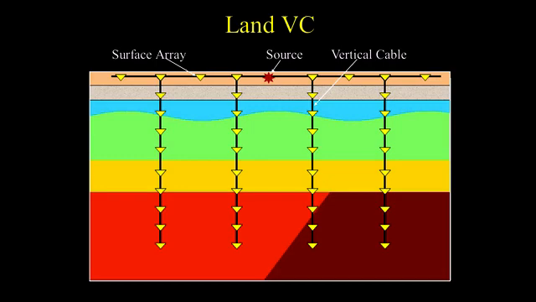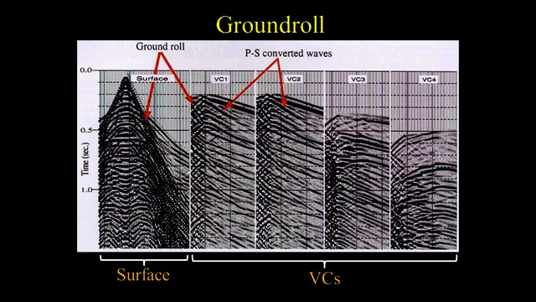Here we are showing a surface receiver array and vertical cables. We will show data corresponding to these receiver distributions in the next slide. This figure shows synthetic data corresponding to a horizontal array and vertical cable, as described in the previous slide. The source was in the low velocity zone.